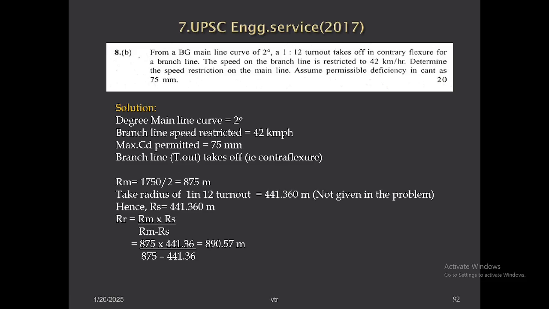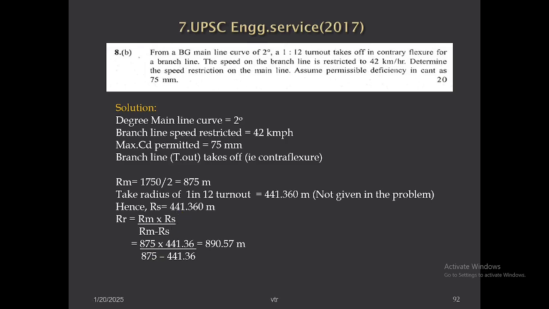Once it is following, automatically the entire set will be shifted, deflected towards the main line curve. Automatically the resultant radius will become flatter. Okay, it is 441, so it will be flatter.